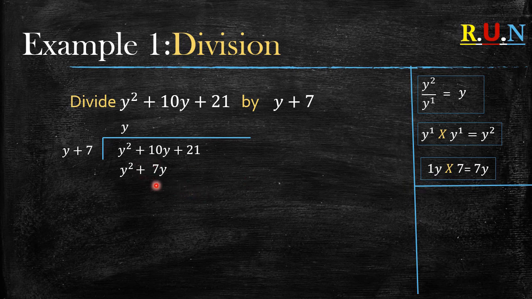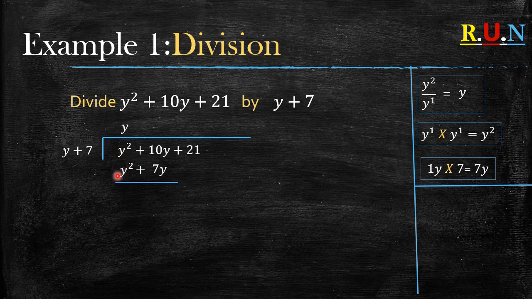From here, you draw a line, and then you bring your minus sign. So from here you minus. Make sure these are like terms, because in addition and subtraction, we can only subtract or add like terms. This is y squared, this is also y squared, and they are like terms, so we can subtract them.